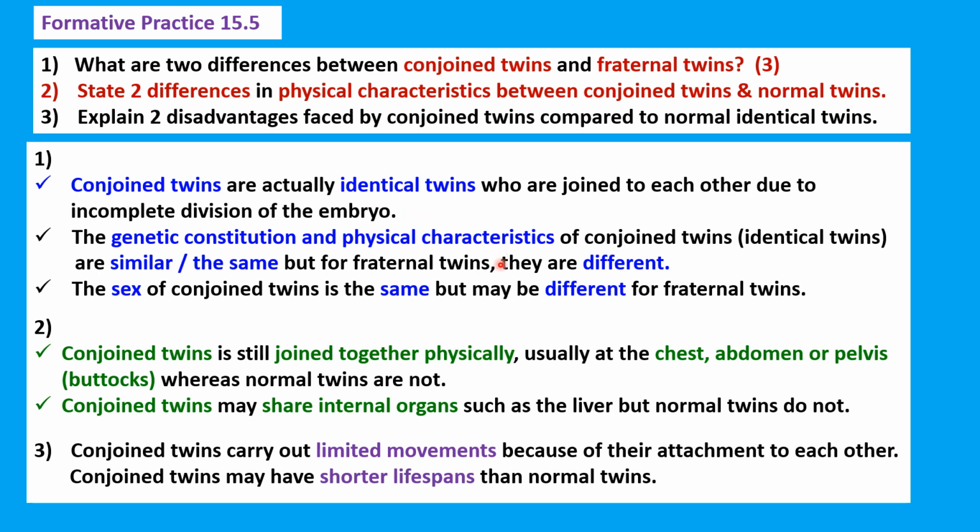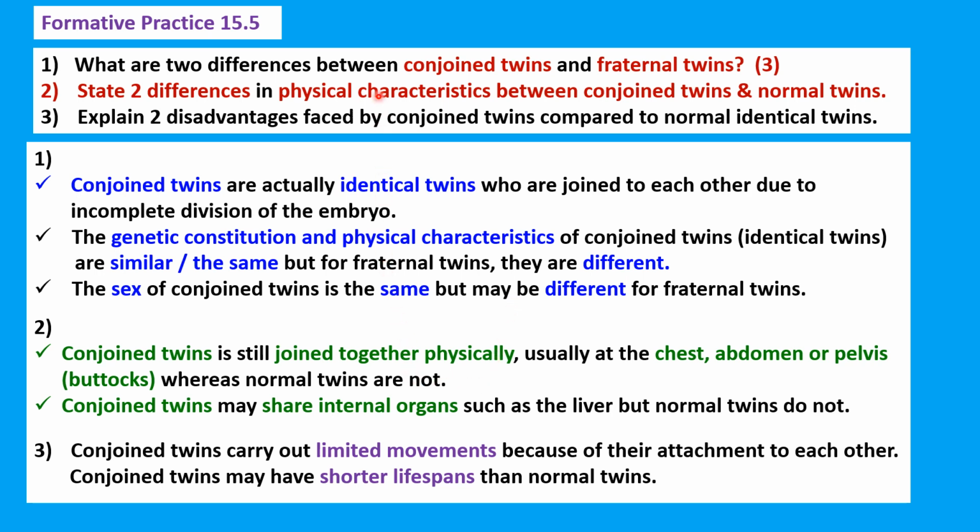The genetic constitution and physical characteristics of conjoined twins, or actually they're identical twins, are similar or the same, but for fraternal twins, they are different. Okay, as we have discussed just now. So the genetic constitution or content are the same for conjoined twins, but different for fraternal twins. The sex of conjoined twins must always be the same. It's always the same, but they may be different for the fraternal twins.